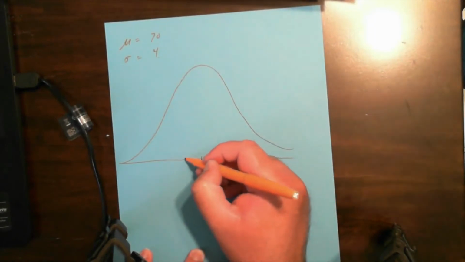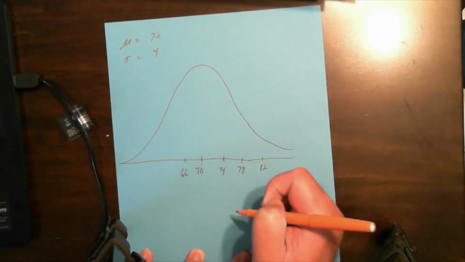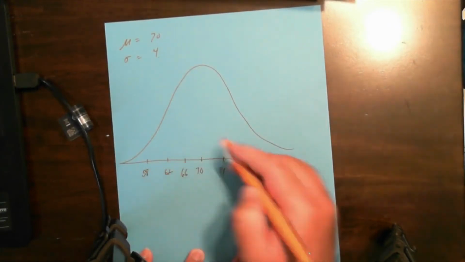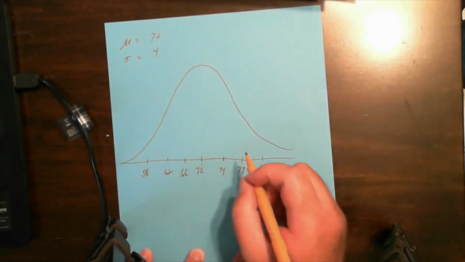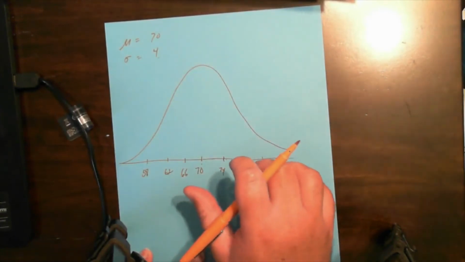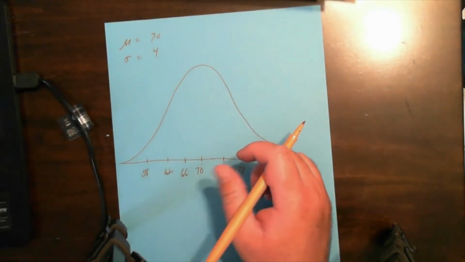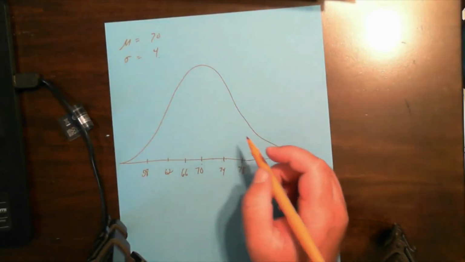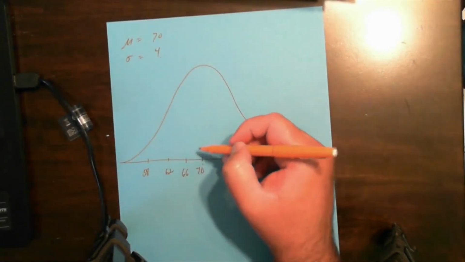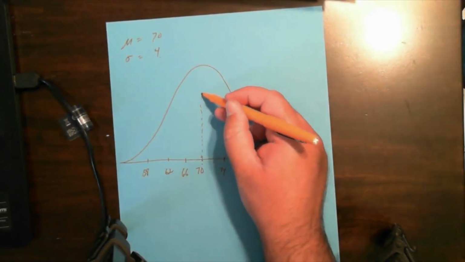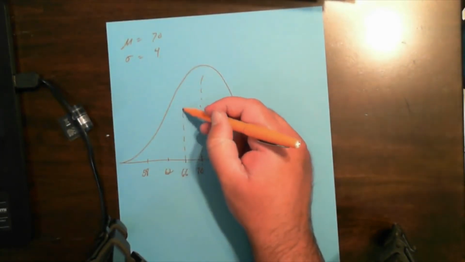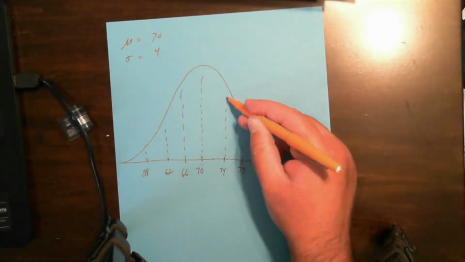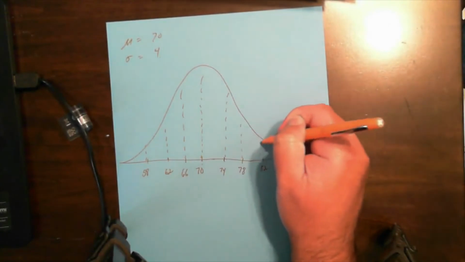Then going the other direction, I would subtract my standard deviation. So this would be 66, 62, and 58. They do continue, but I recommend drawing at least what we showed in the previous diagram, so that's within 3 standard deviations both ways, right? Okay, so now with that said, I know what the spread is going to look like, right? I can fill these values in once I have these drawn.